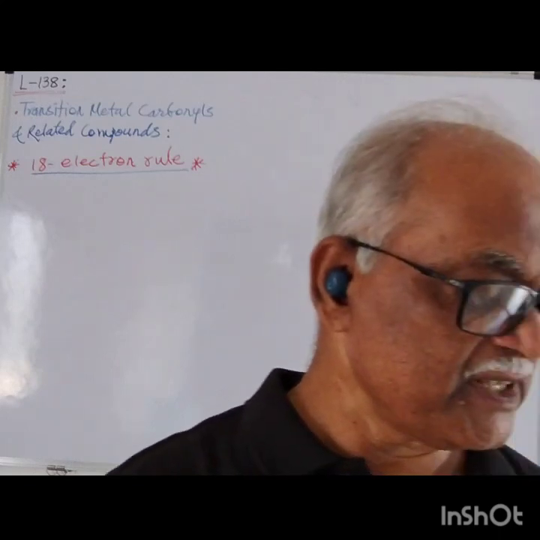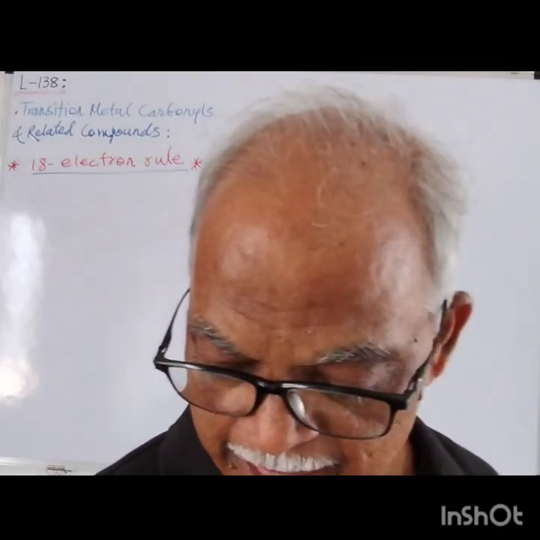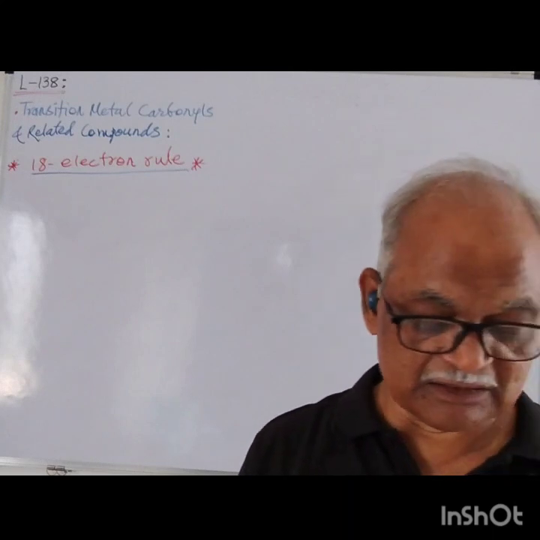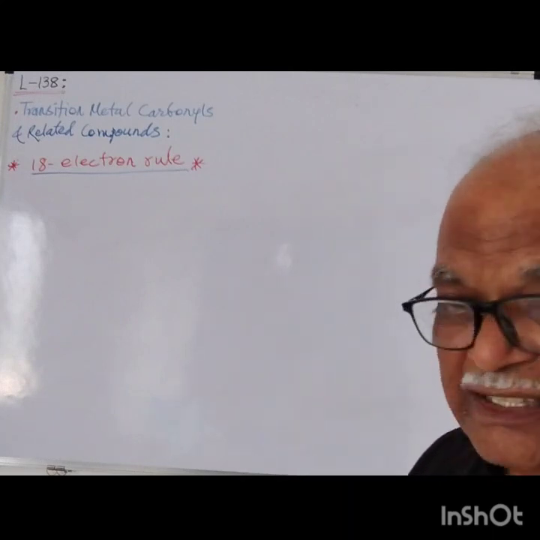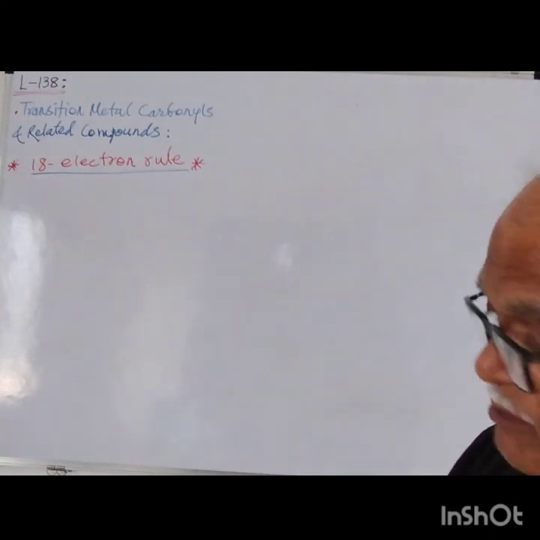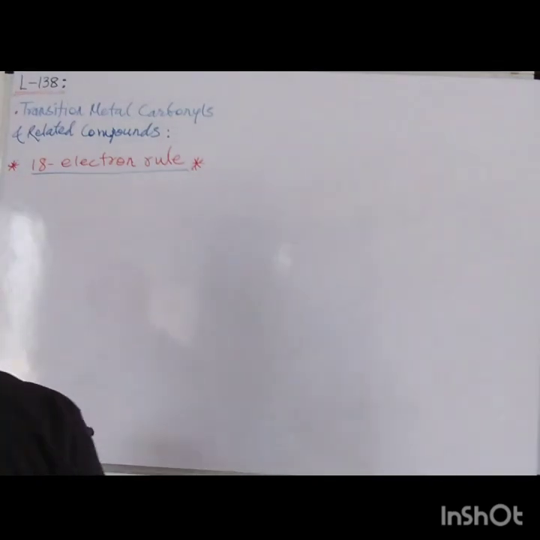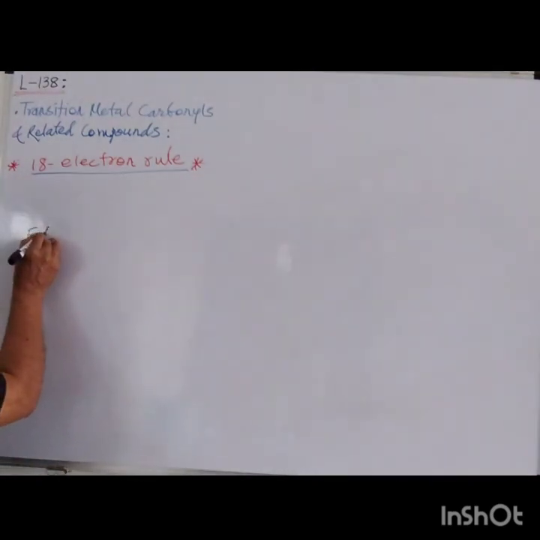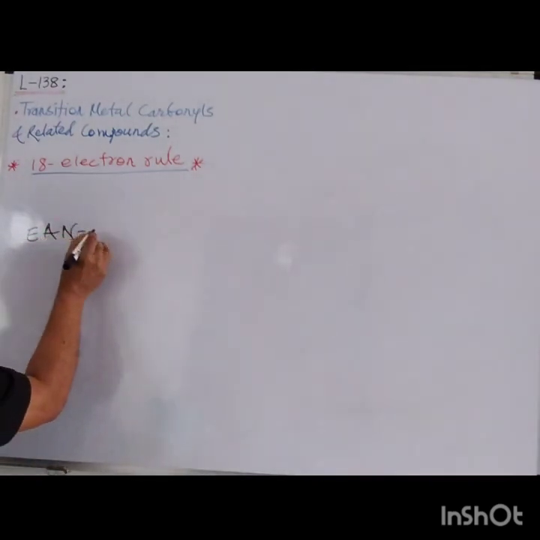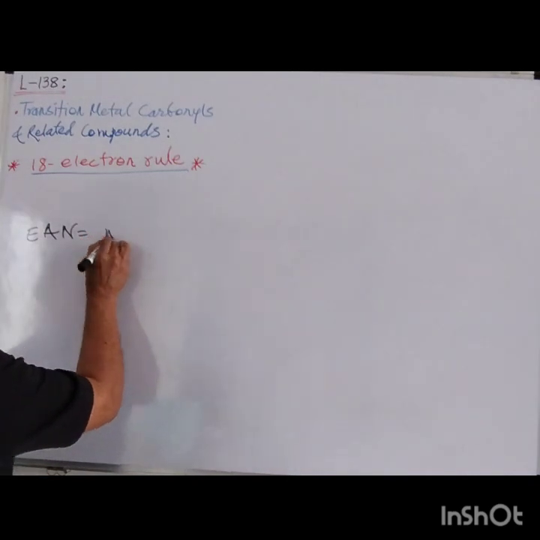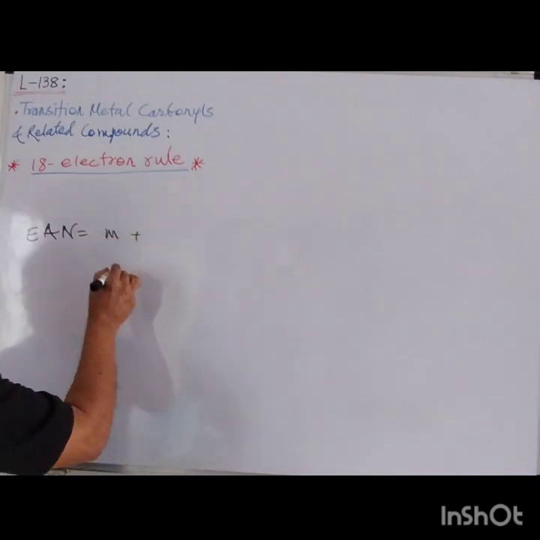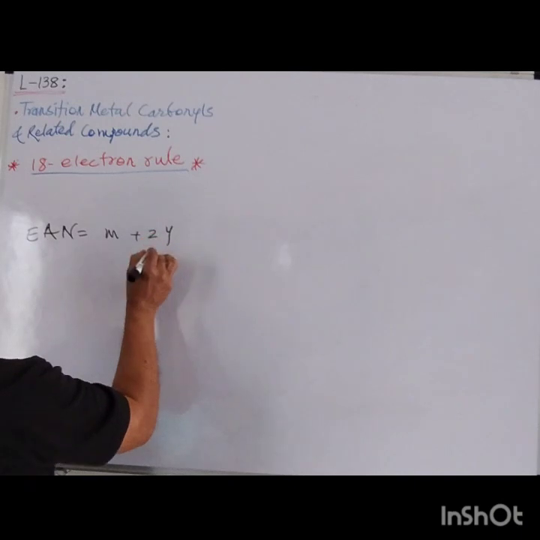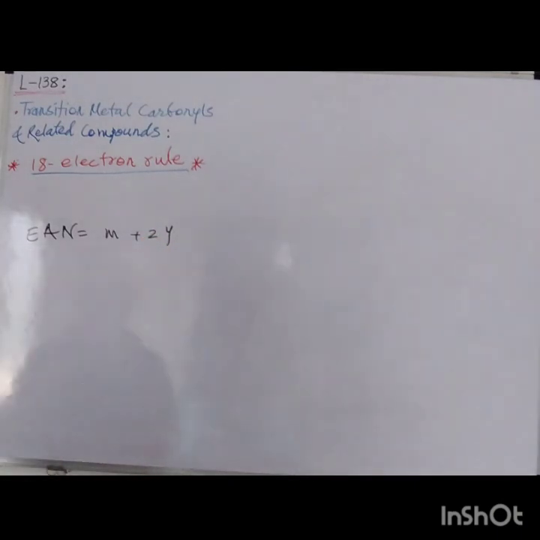So we will see some examples in order to study this. The effective atomic number, that is EAN, is given by M plus 2Y.